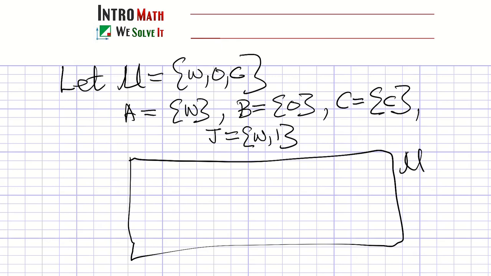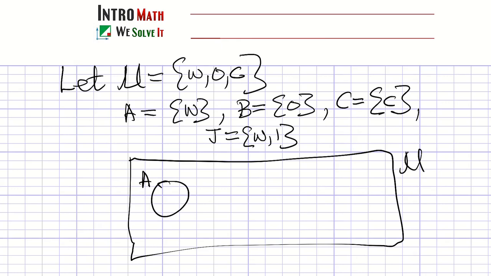Let the universal set be the set of the states on the west coast of the United States, and then the sets A, B, C, and J are defined like that. What we want to do is represent the situation using a Venn diagram. I have drawn the universal set right there, and then you draw A like that.